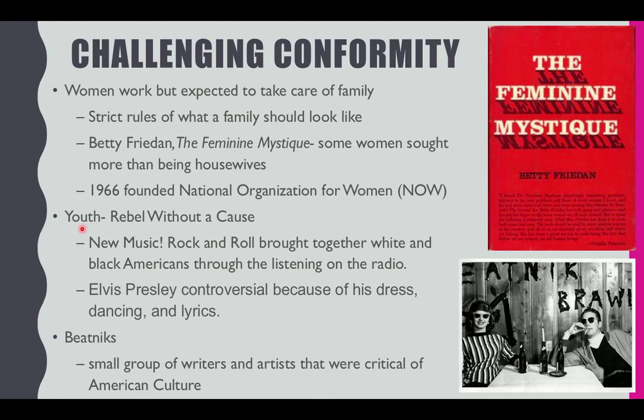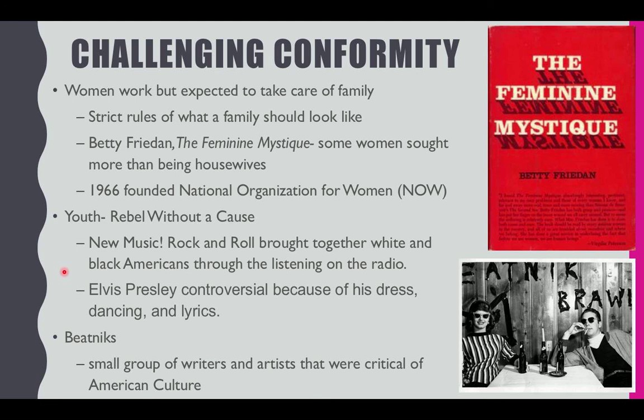You're also going to see the Rebel Without a Cause youth movement during this time. New music, rock and roll is going to come out during the 50s into the 60s, bringing together white and black Americans to listen to the same music.